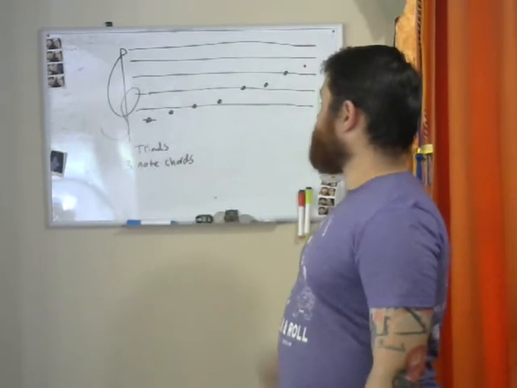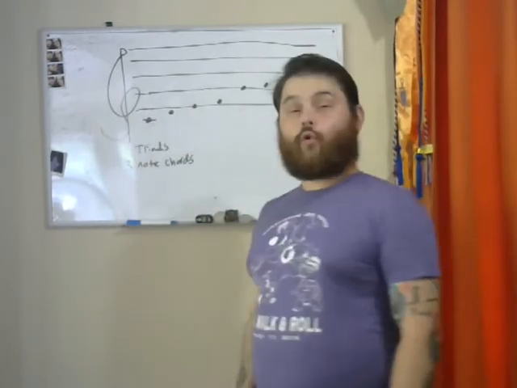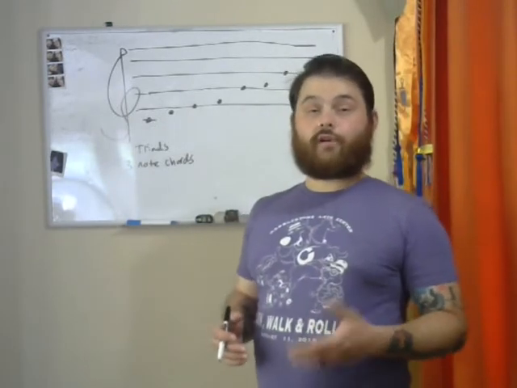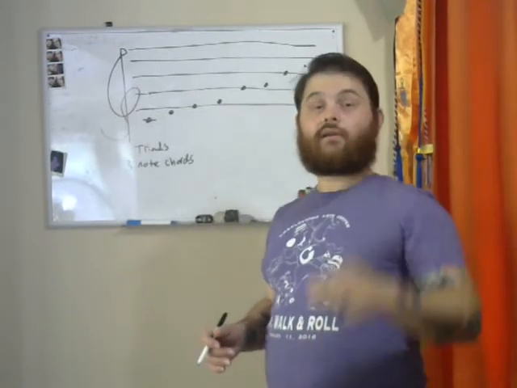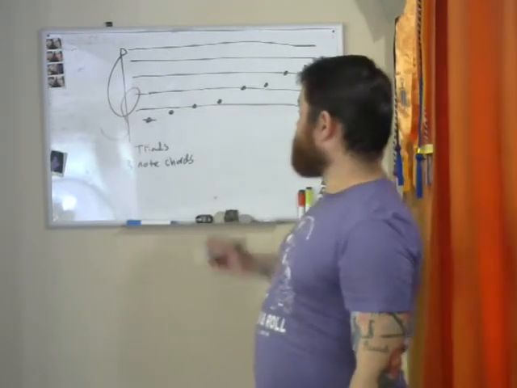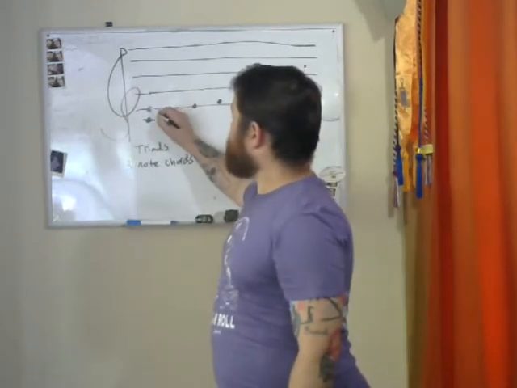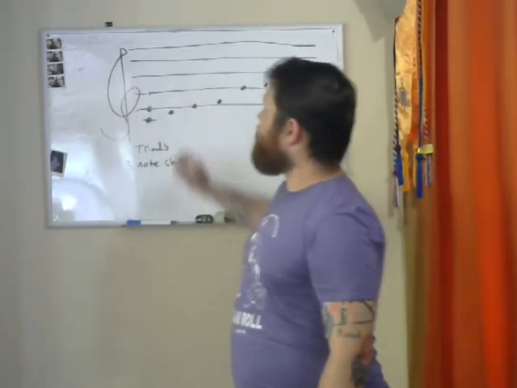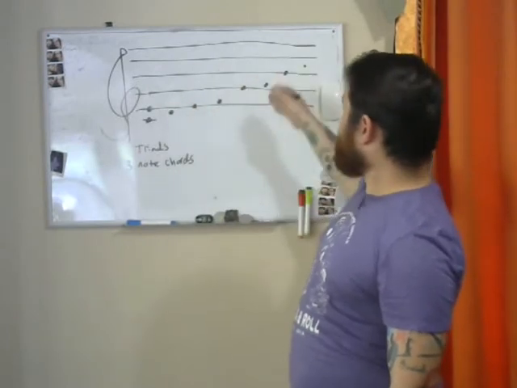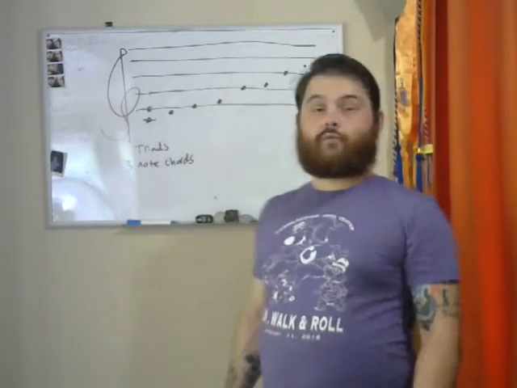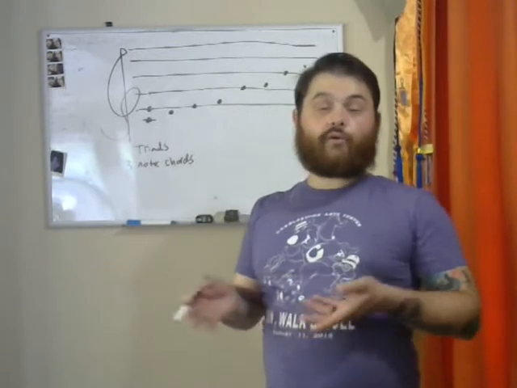So let's start with C. Chords are built in thirds, so we're going to count letter names. C, D, E. E is our next note. And when we write it on staff paper, we're going to stack the notes right on top of each other to represent that those notes are being sounded together.